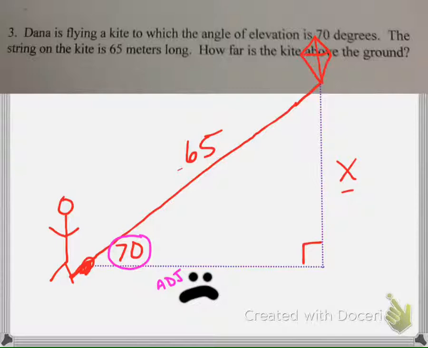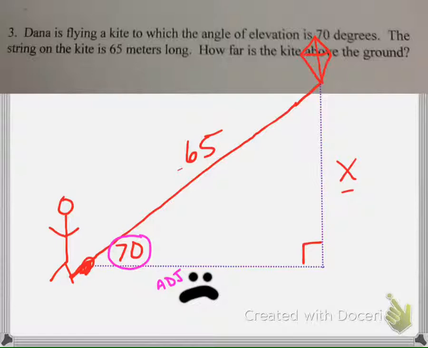So we don't care about adjacent, which is A. So the trig function you should select is the one that does not have A. Pick the one that just has O and H, and that is sine.